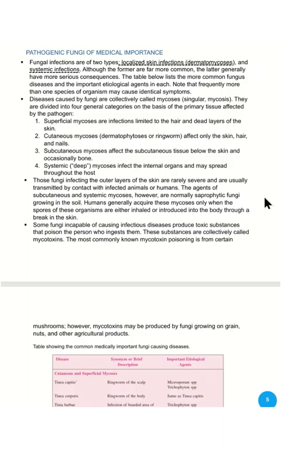So these fungi, usually those that affect the skin, are transmitted by contact with infected humans or animals. And those that cause subcutaneous and systemic mycoses, or affect organs, are usually saprophytic fungi.